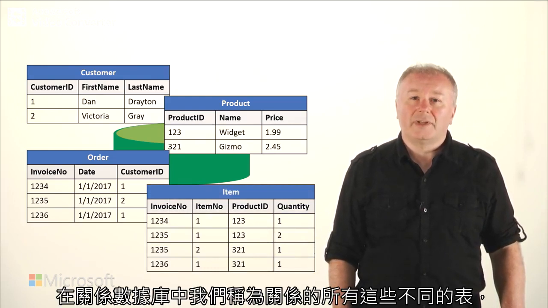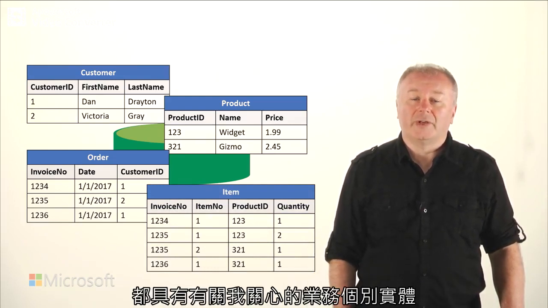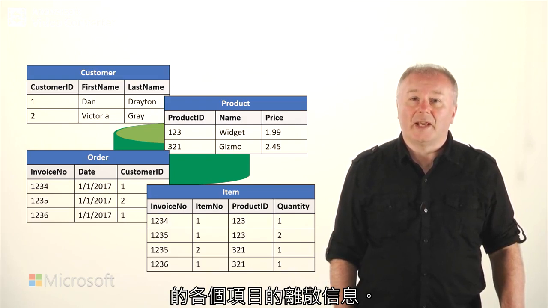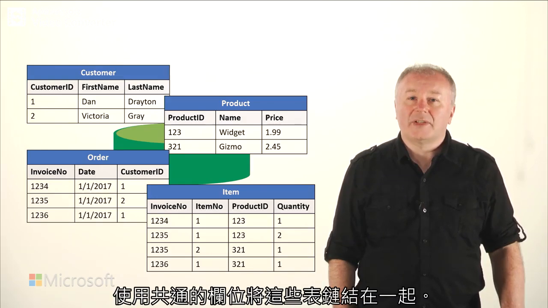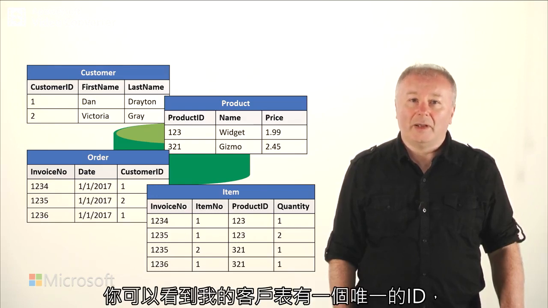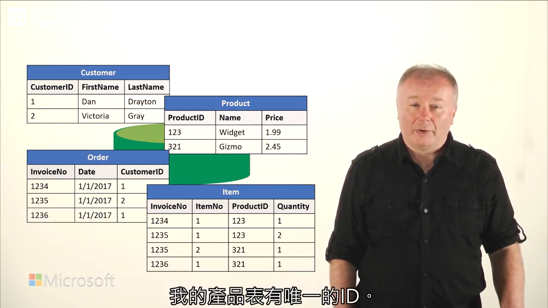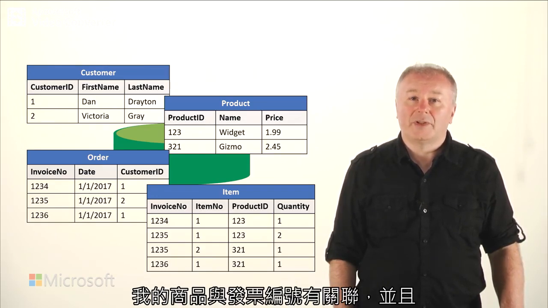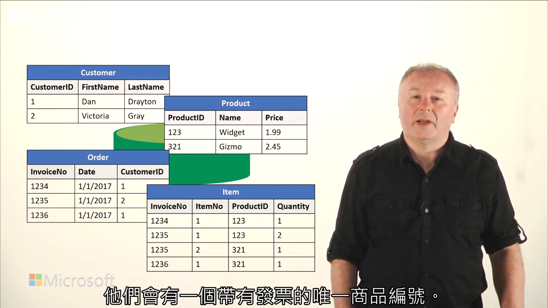So all of these different tables, which we call relations in a relational database, have discrete information about individual elements of my business, individual entities that I care about. And what I do is I'm able to link these tables together by using common key fields. You can see that my customers have a unique ID, my products have a unique ID, my orders have a unique invoice number, and my items are associated with an invoice number, and then they have a unique item number within that invoice.